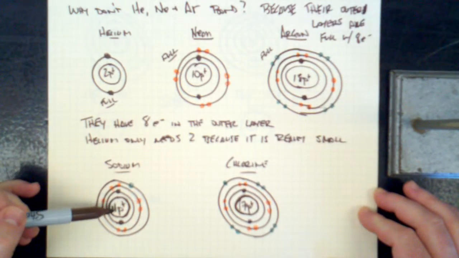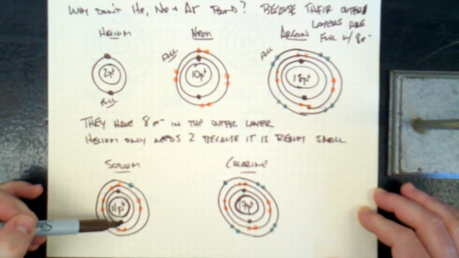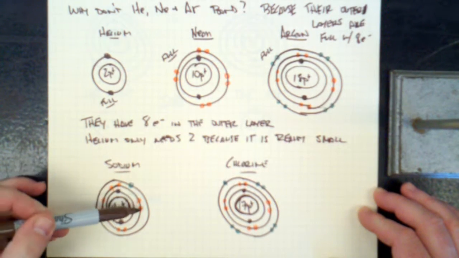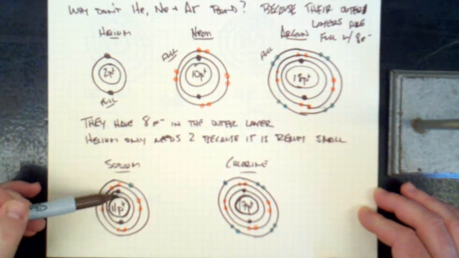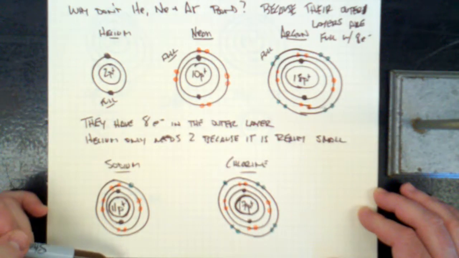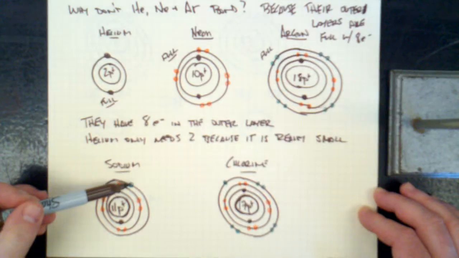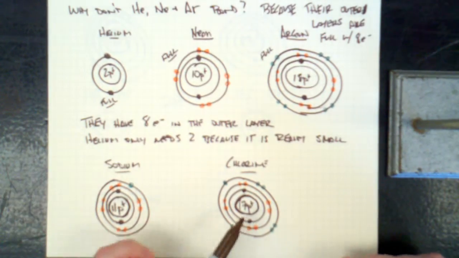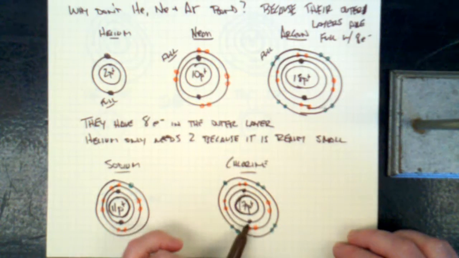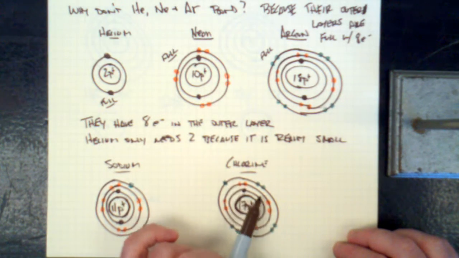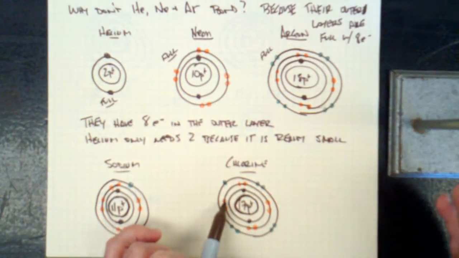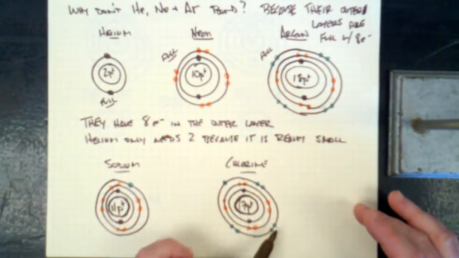Look at sodium. It's got 11 protons, so it's got its 2 electrons on the inner layer plus 8 more, 1, 2, 3, 4, 5, 6, 7, 8, to make a total of 10. And then we add 1 more to make a total of 11. So we've just got 1 electron on the outer layer. Compare that to chlorine, which has 17 protons. So it has 1, 2 on the inner layer, 3, 4, 5, 6, 7, 8, 9, 10, which adds 8 more to fill the second layer.